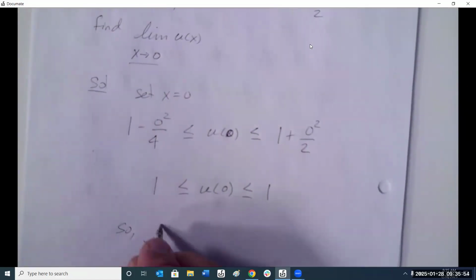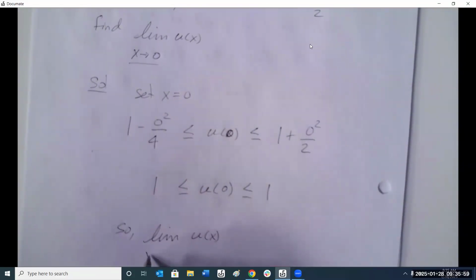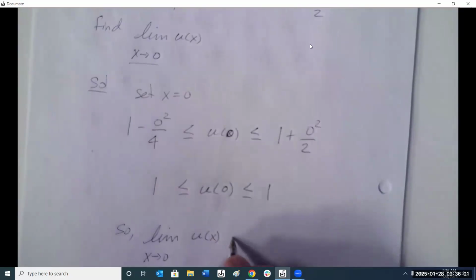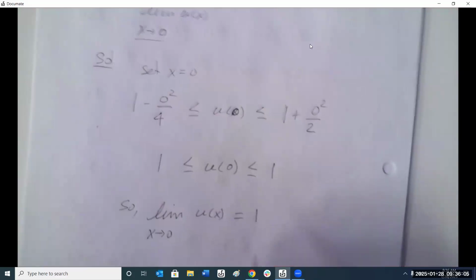So the limit of u of x as x approaches 0 has to equal what? 1.